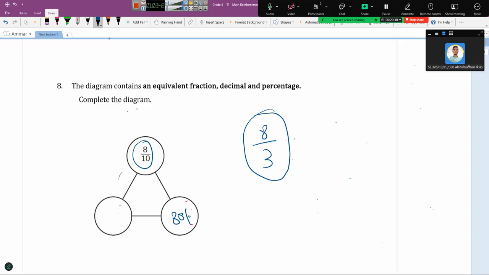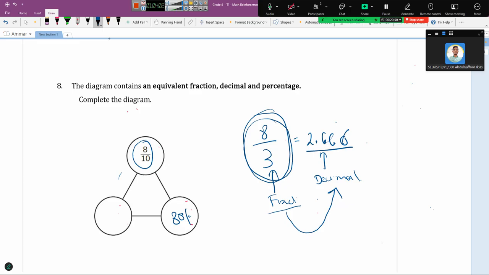Now 8 divided by 3 gave you 2.6666, right? Now this is a fraction and this is a decimal number. Now we have converted a fraction to a decimal number using the long division method.